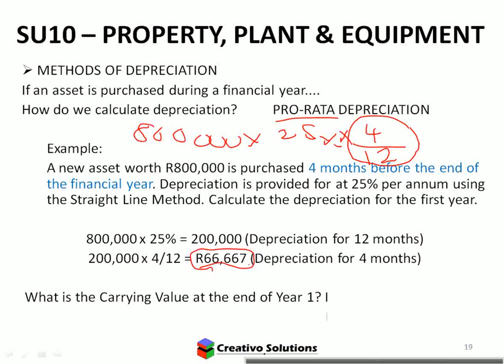What is that representing? It's representing the depreciation for the 4 months. Is that good? Great. Question: what is the carrying value at the end of year 1? That you should be able to work out.